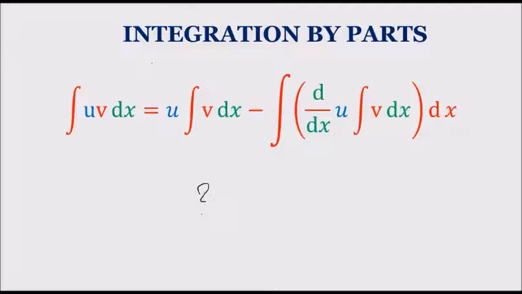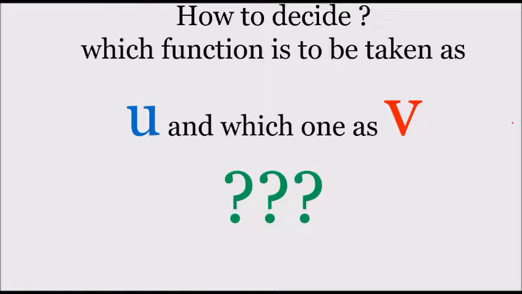Now, one more question arises in our mind. What is that? Which to be taken as u and which to be taken as v? How to decide which function is to be taken as u and which one as v? Any guess? Yeah, try for it.